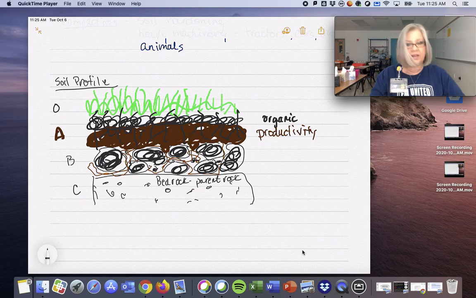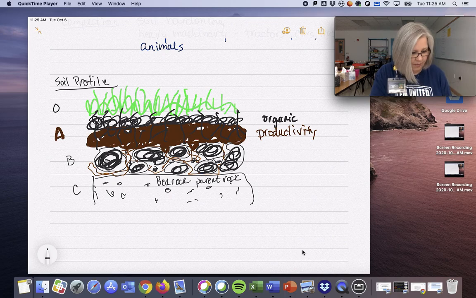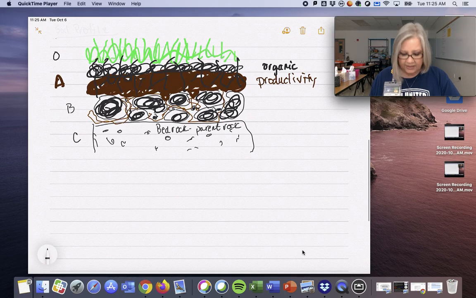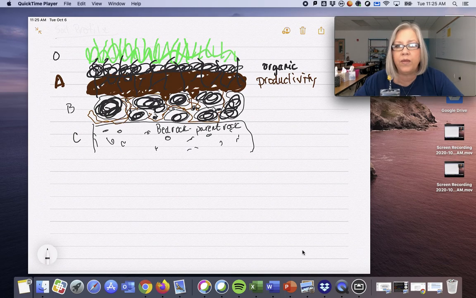Okay, let's see if there's anything else I needed to say on that particular one. Oh yeah. So that's our general soil profile, and you guys did that. Let's talk about what these different layers mean and where you're going to find them.